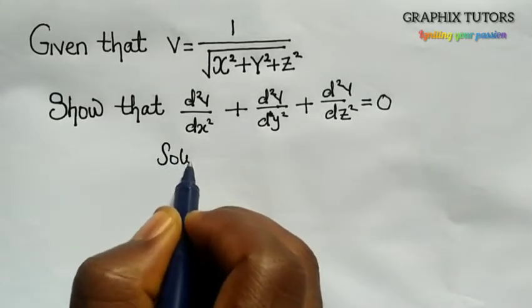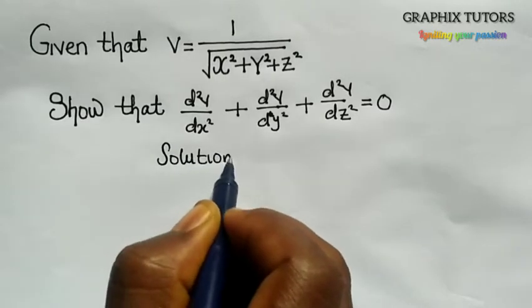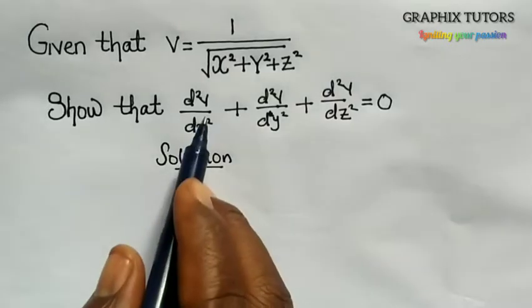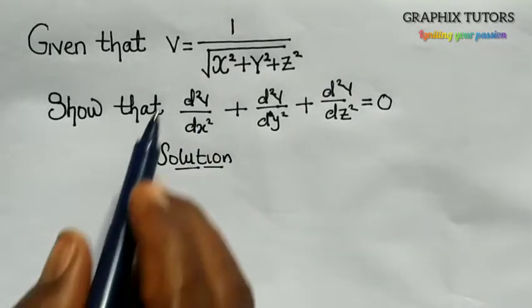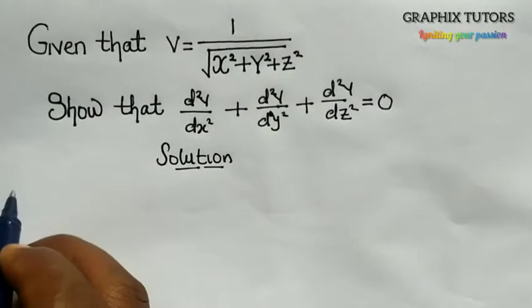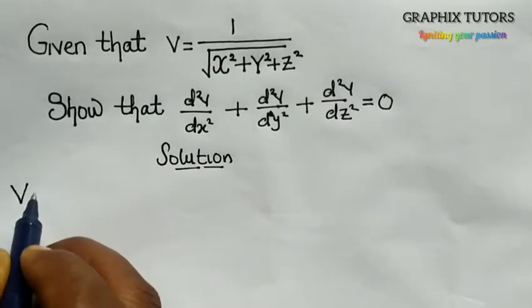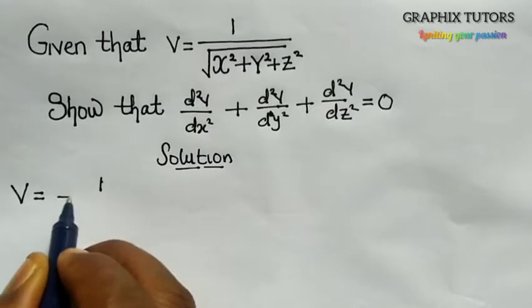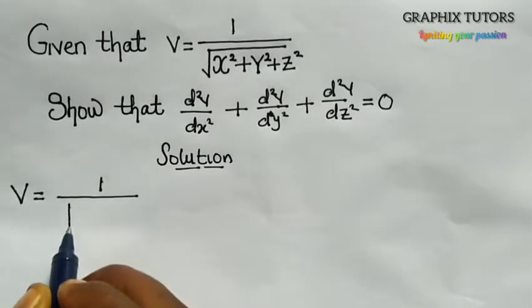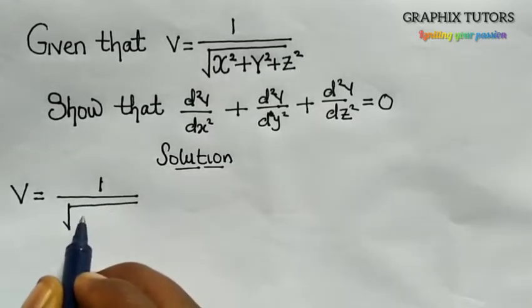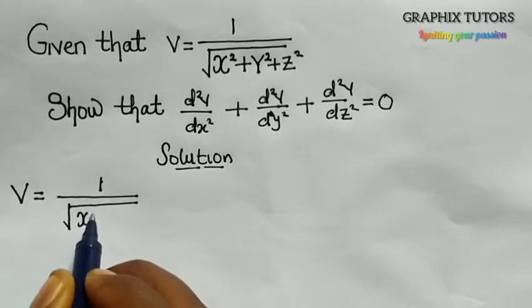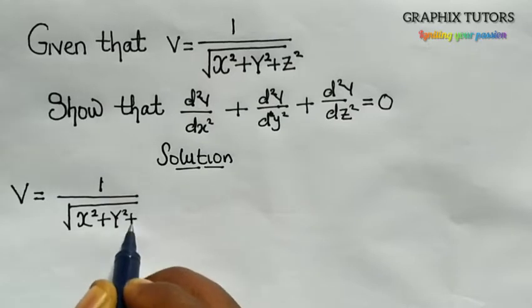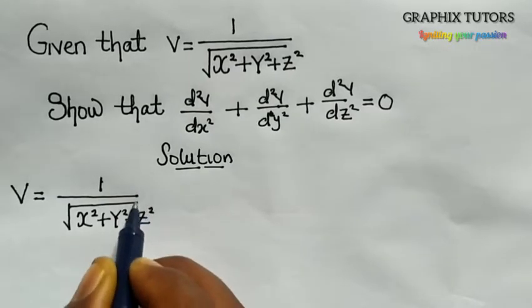The solution here is, if we are to look for the second partial derivative of v over x squared, first of all, let's write our question back. We say that v is equal to 1 all over the square root of x squared plus y squared plus z squared.